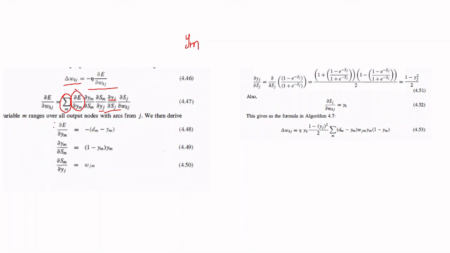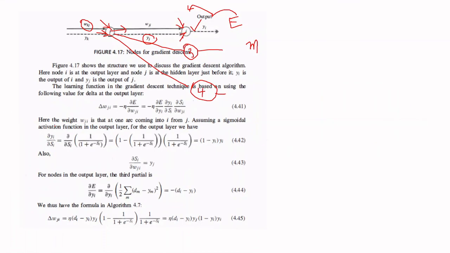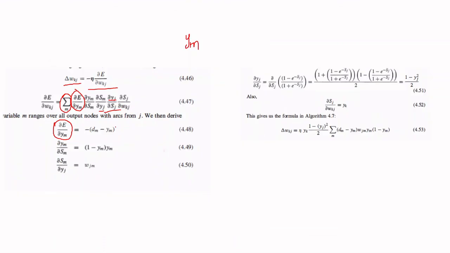Dou E by dou Ym is calculated like dou E by dou Yi. Earlier it was for only the ith node, but here we calculate for all the m nodes. It is the same formula, so you will get minus (dm minus ym).